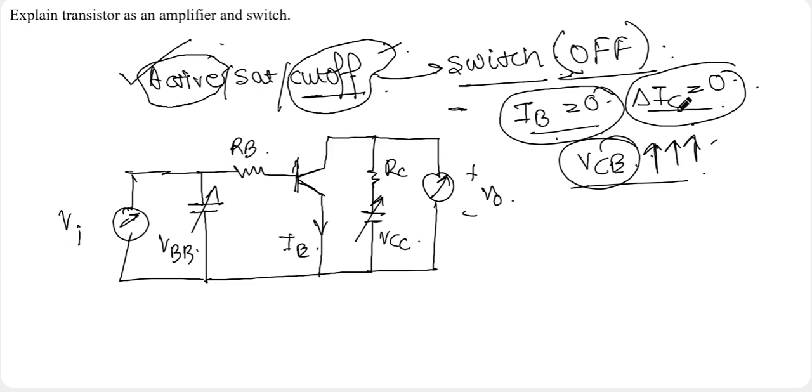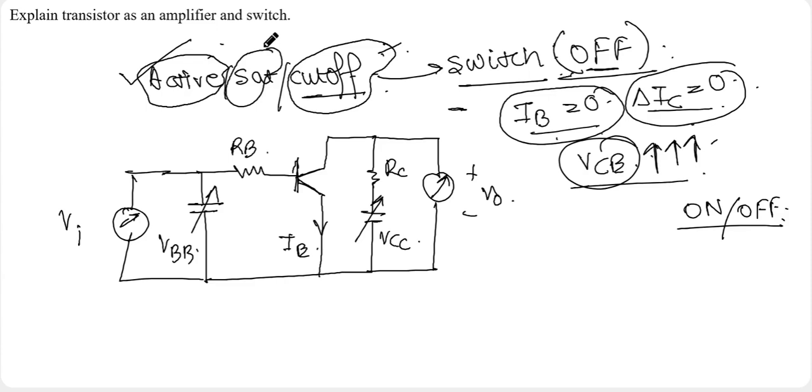In a switch there are two modes of operation, on or off. So during the cutoff mode, the transistor is used as the off mode of a switch. In order to use the on mode of the switch, we need to use the saturation mode.